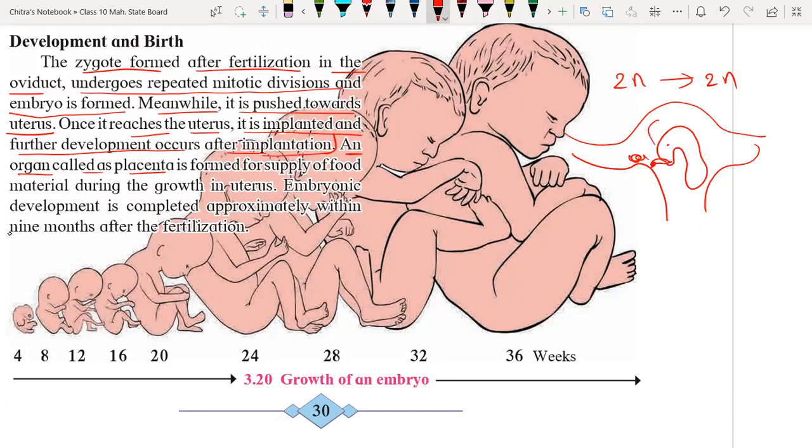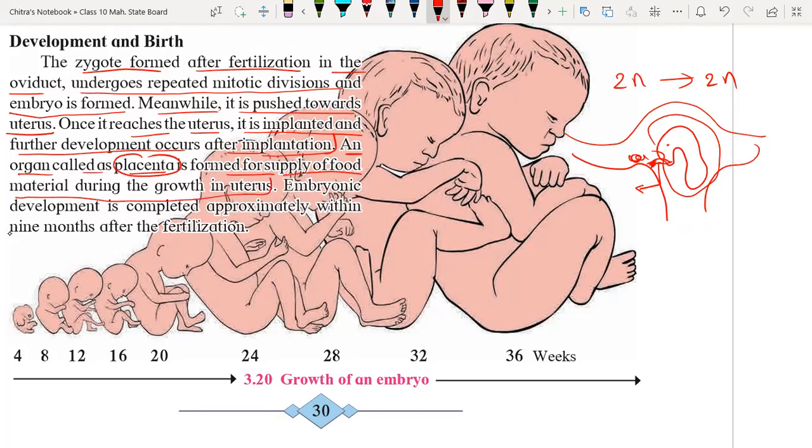This is the placenta, also connected by the umbilical cord, which provides all the nutrition for the development of the baby. It supplies food and other required material from the uterus to the baby.